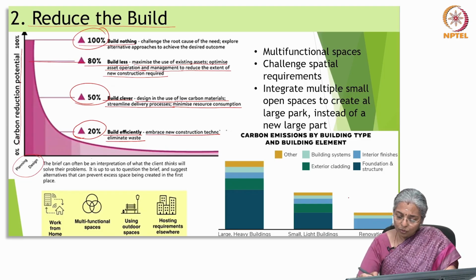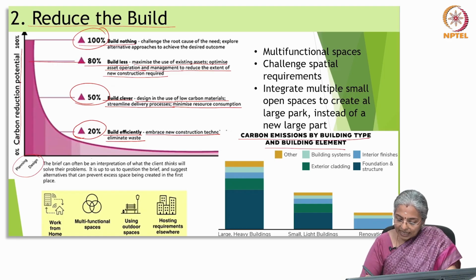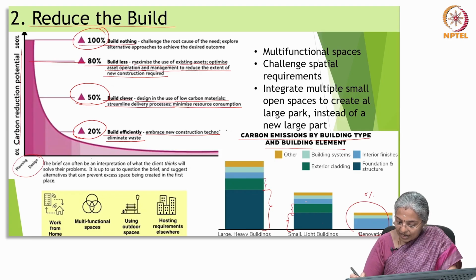So, if we look at carbon emissions by building types and building elements, we can see that for large and heavy buildings, the foundation and structure consumes the largest percentage of CO2 emission, and the same is with small and light buildings. Whereas if you renovate, this whole foundation and structure percentage becomes 0. And if you see external cladding, then in large heavy buildings and small light buildings, there is a considerable amount of carbon dioxide emissions.